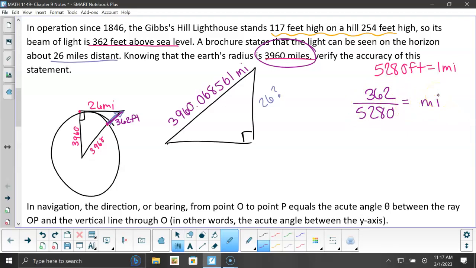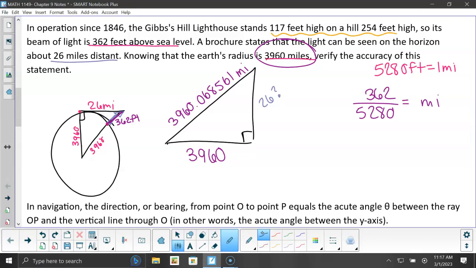All right. And then you add it. You just add it to this. All right. So the bottom is the 3960 down here. So I personally would do Pythagorean theorem on this, but I would try to do it all in my calculator at once.